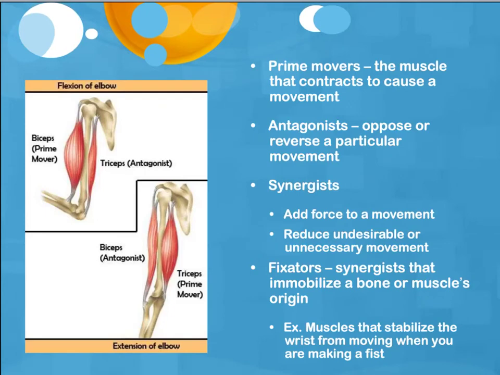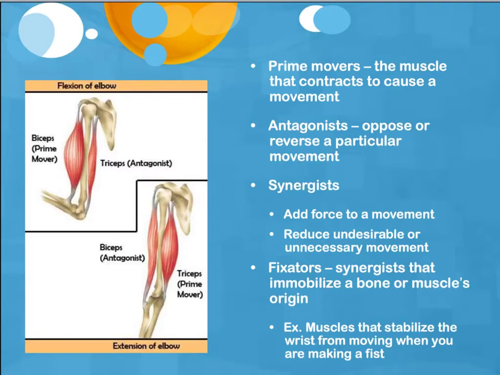Okay, so we have what are called prime movers, and these are the muscles that contract to cause a movement. And then you have its antagonist that opposes that particular movement. Now, if you'll see in that picture, in the top picture, the biceps are the prime mover. So, okay, you're doing some curls in the gym, let's say. Your biceps contract, and they are then the prime mover.